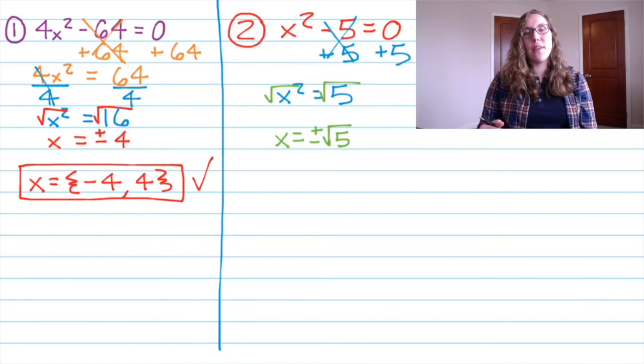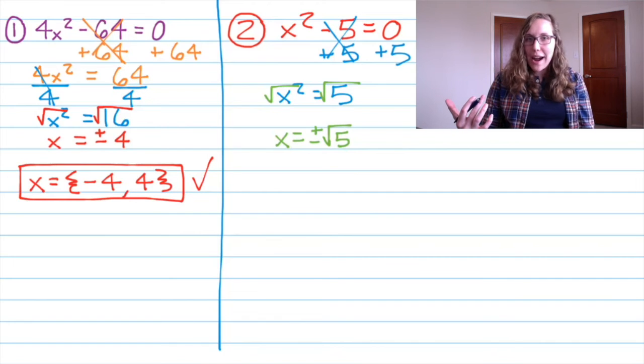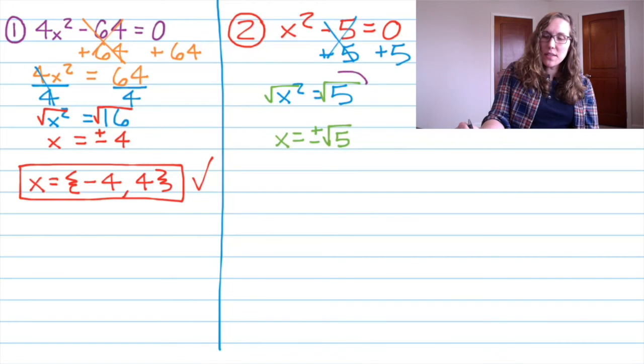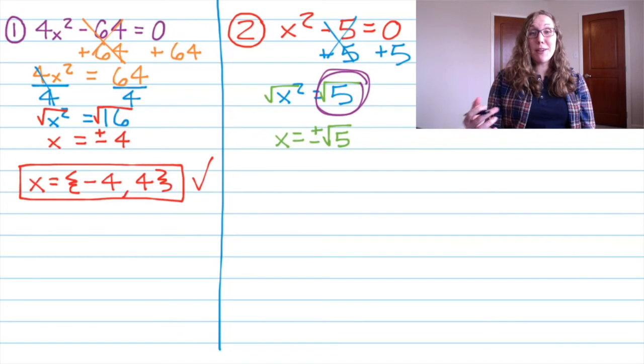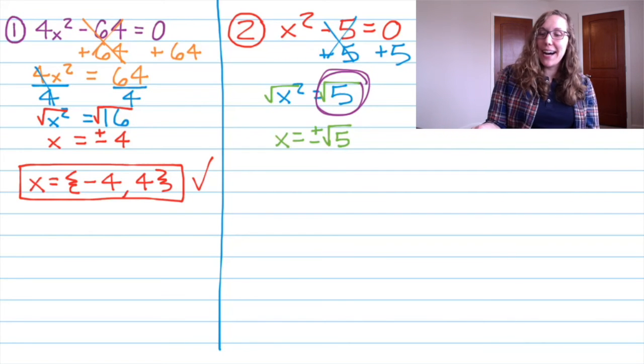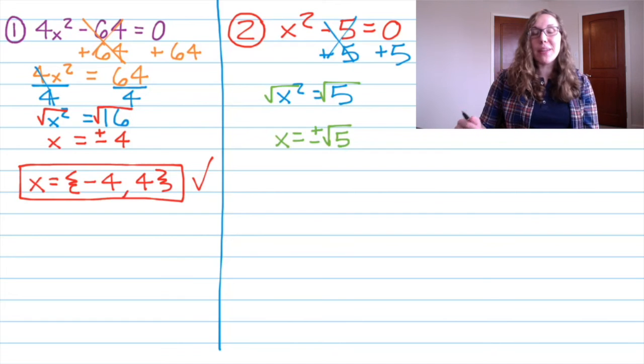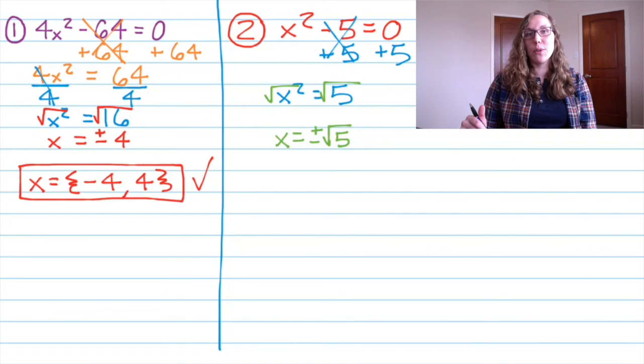But 5 doesn't do that. 5 is what we call an irrational answer. If you put this square root of 5 in your calculator, you can go ahead and do it right now, it comes out to be a really crazy number. That's actually why we call it irrational, because it's not rational. It's crazy.